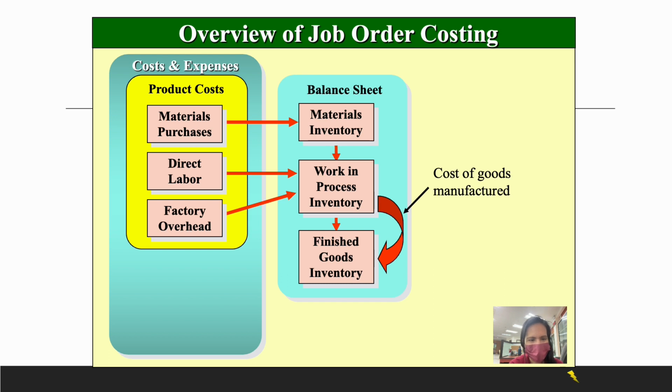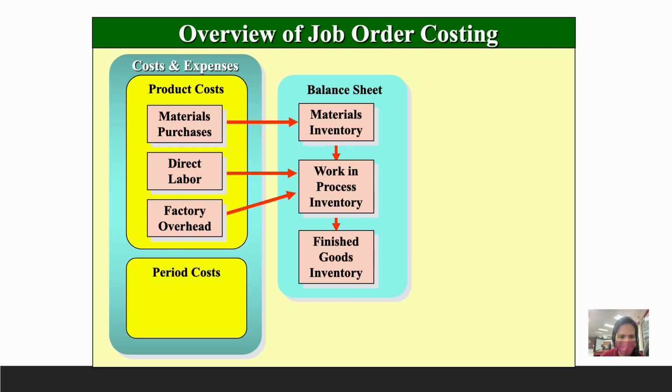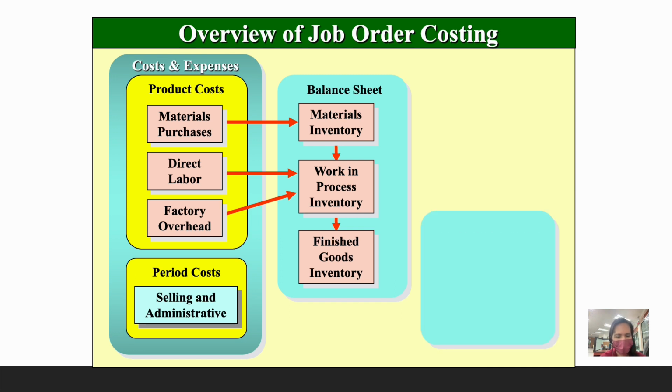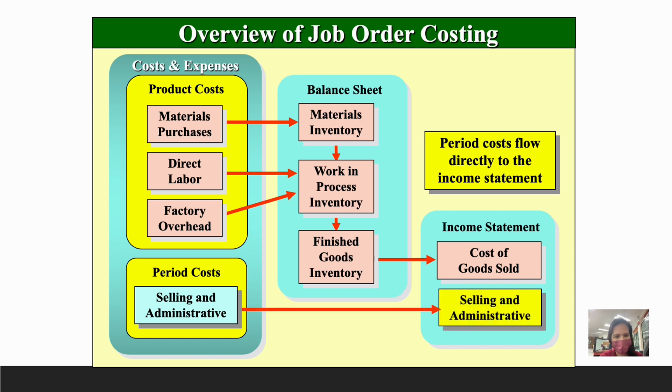You can put them in the balance sheet if they are not yet sold, as part of the finished products, so inventoriable. But for those products that are sold, this is part of the cost and expenses. We also have the period cost, which is for selling and administrative. They will go to the income statement, while the product cost can be seen in the cost and expense as part of the COGS, and in the balance sheet as part of the inventory.